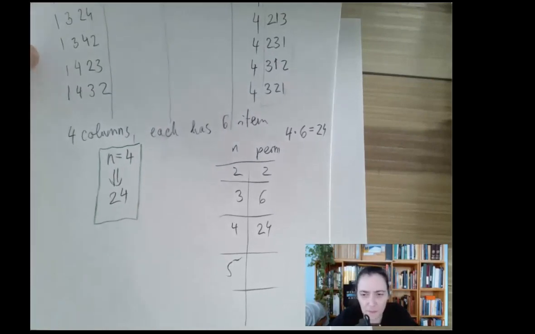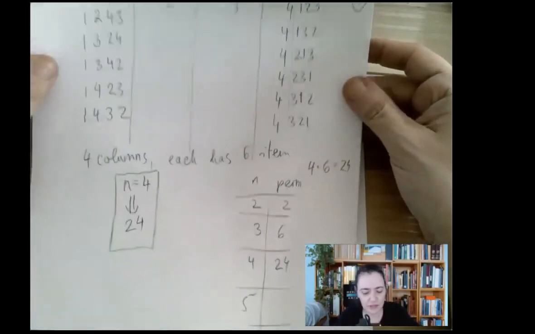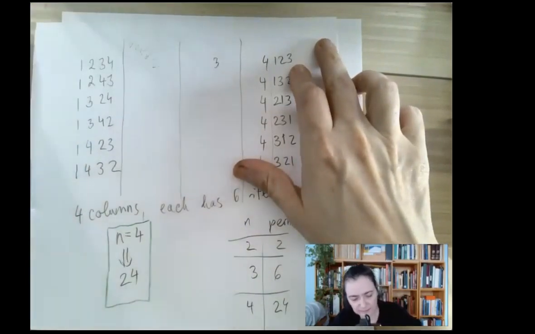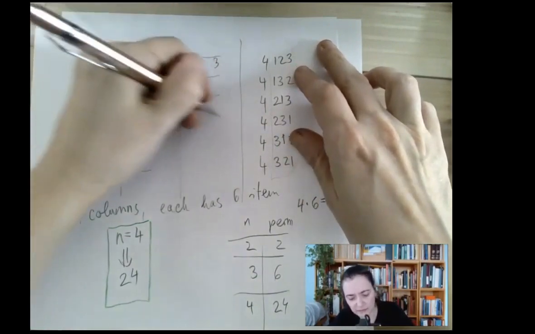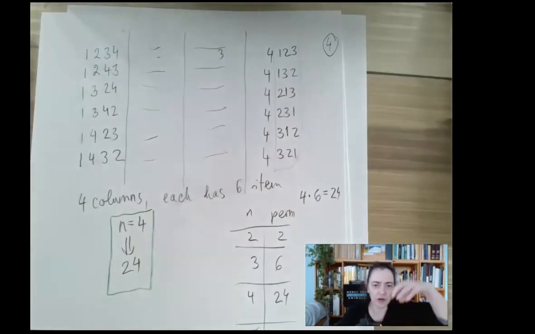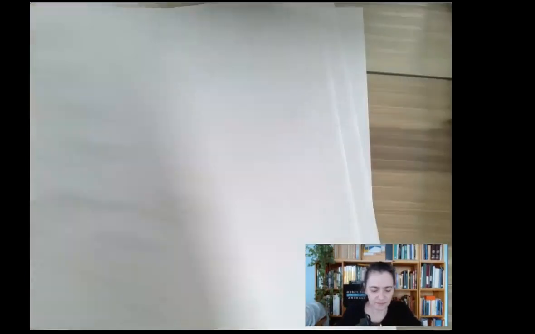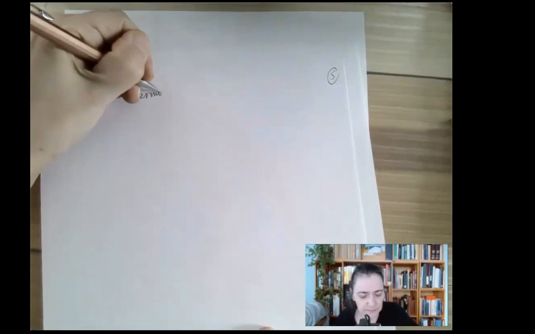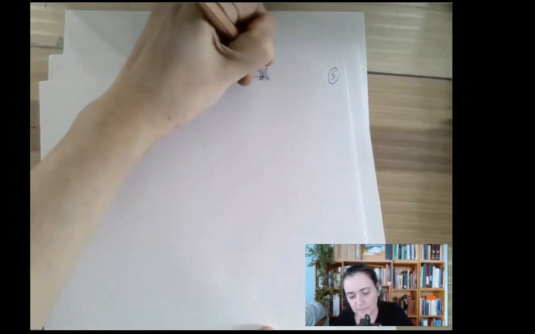Very good. So, yes, 120 is the correct answer, because imagine that there are 24 items here. This is a complete permutation on 4 objects. Imagine that we make one long column out of this. So, permutation on 5 objects.